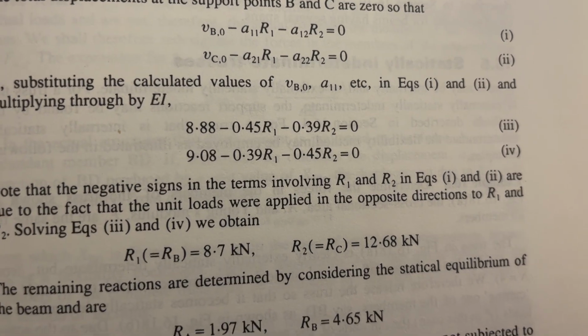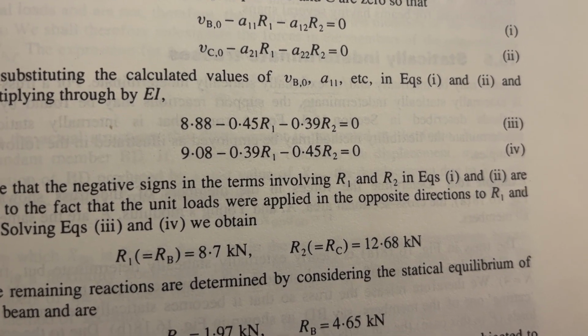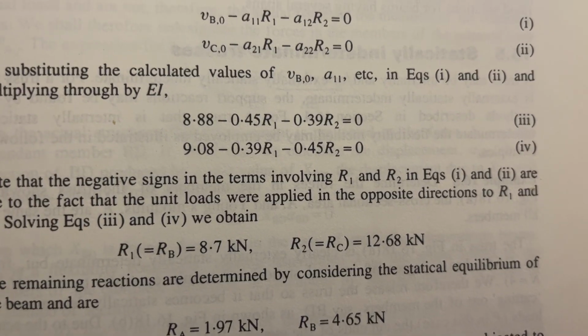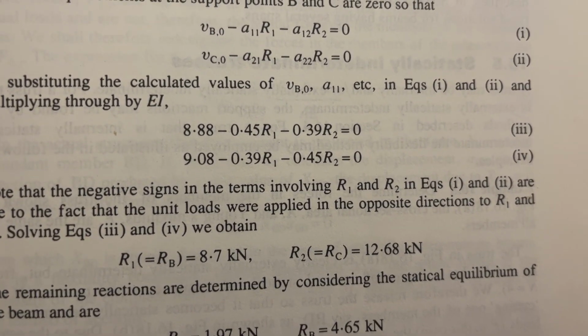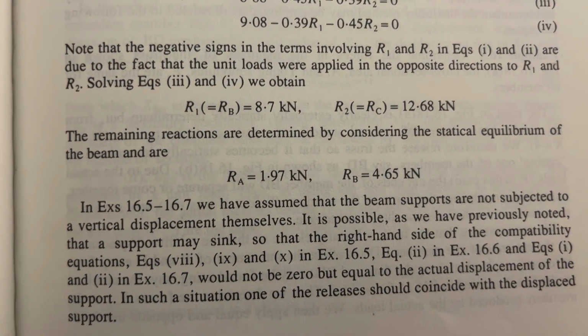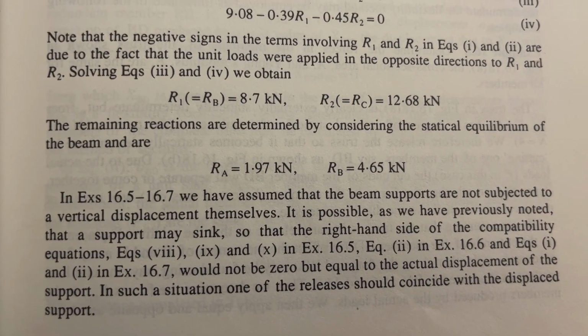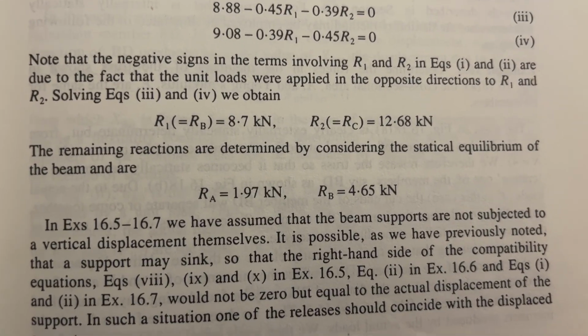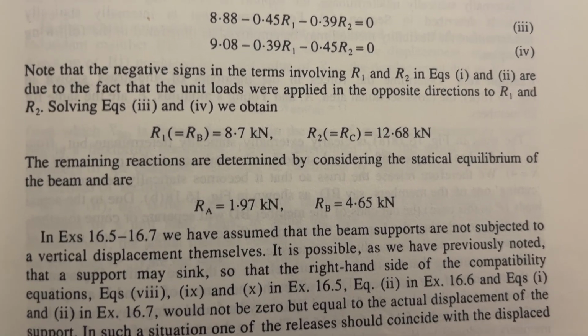So you can eliminate R1, say R2 in terms of R1, and then put that in the first equation. So R1 equals RB equals 8.7, R2 equals RC equals 12.68.